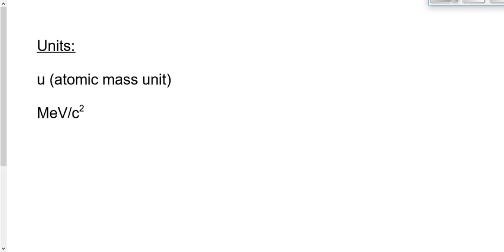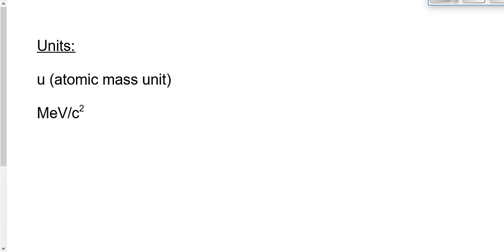A couple little loose ends here, and then we'll do an example. I want to briefly explain these units, not because I think you'll see them on an exam, but because we're responsible for them. A u, which is the symbol for an atomic mass unit, you might be familiar with that if you've taken chemistry.